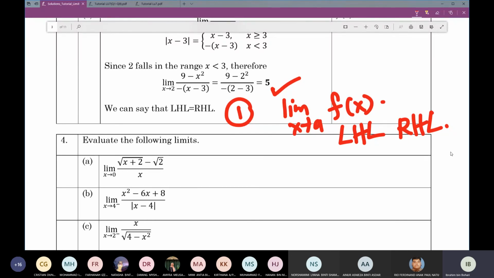Yeah. And second here, you check the method infinite limits, and limits at infinity.